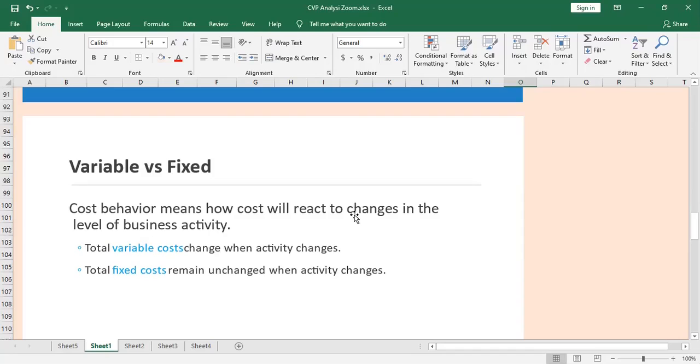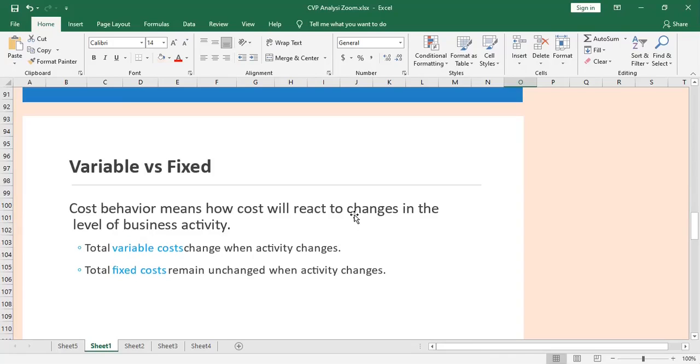And the fixed cost is the other side of the coin. Fixed cost is always fixed. It will not depend on the amount of units that you produce. It will never change, but only during a certain level of activity range.